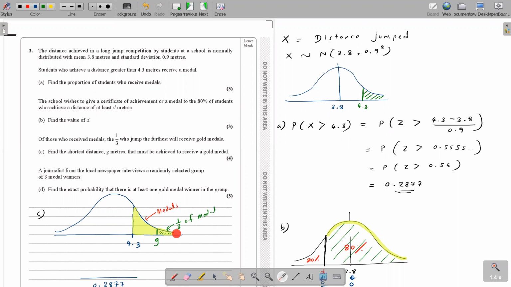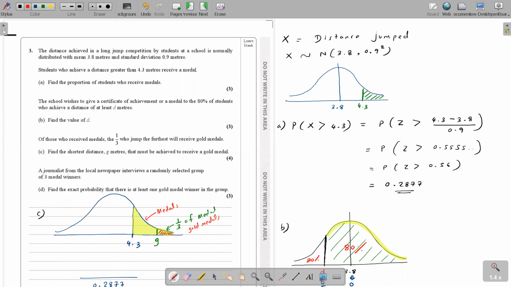You have this full area 0.2877, the yellow color area. We take 1/3 of the medal area, the furthest corner, for the people who take gold medals. Can you see? This red color area is the people who take the gold medals. So it's 1/3 of your yellow color area. Understood?